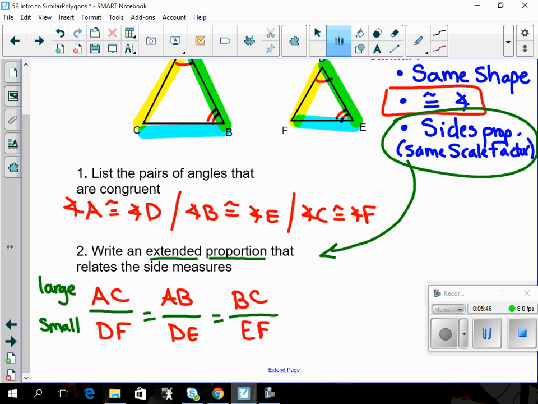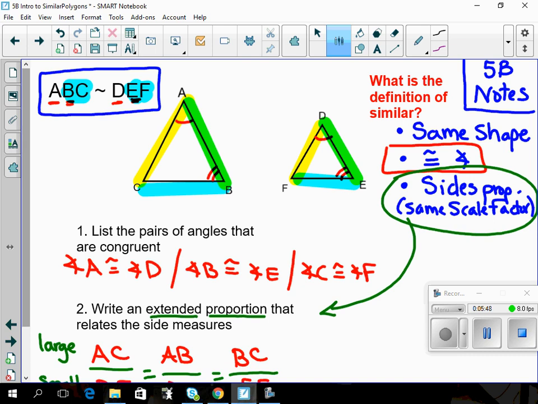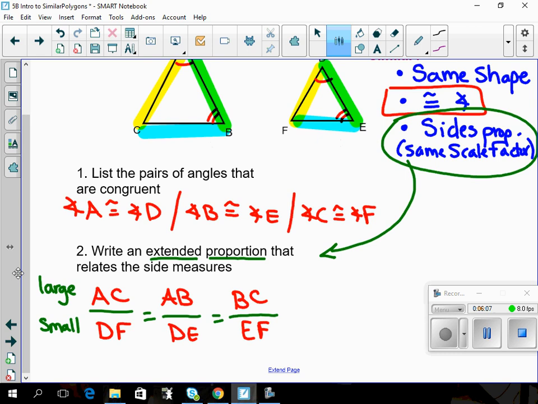Again, if I am given that the triangles are similar, I can write all of this stuff to be true. And we can imagine that we're going to use it to find missing sides or find missing angles. And that's what's going to come up soon. Oh, question first. Just using the letters to write the proportion there.